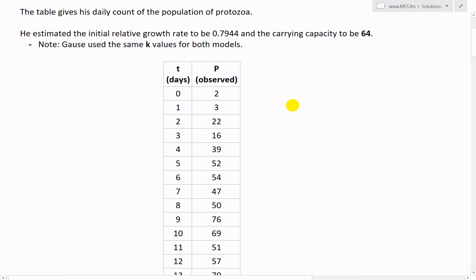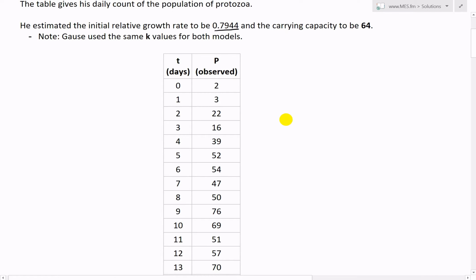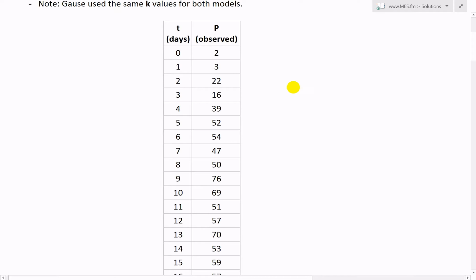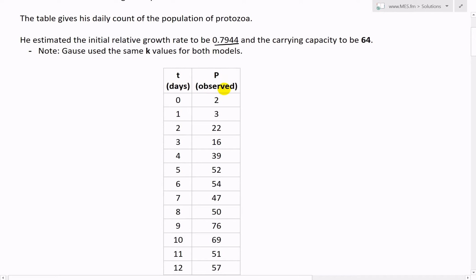So he estimated the initial relative growth rate to be 0.7944 and the carrying capacity to be 64. And note, Gause used the same k values for both models, and I'll get to that as I get further into this video. And here is the table. This is the population of that bacteria.